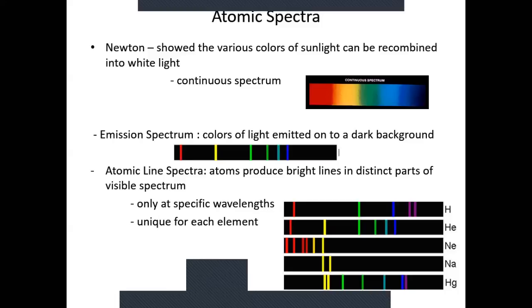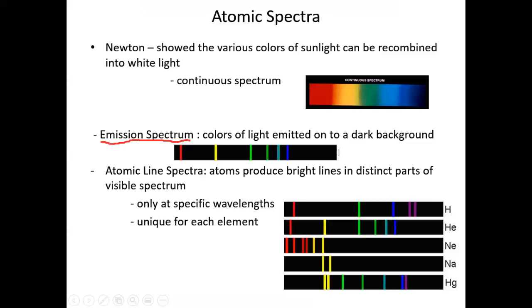And every element has its own unique emission spectrum, which is called an atomic line spectrum, because every element has a different number of electrons, and those behave differently in different atoms. And so these spectral lines only occur at specific wavelengths.